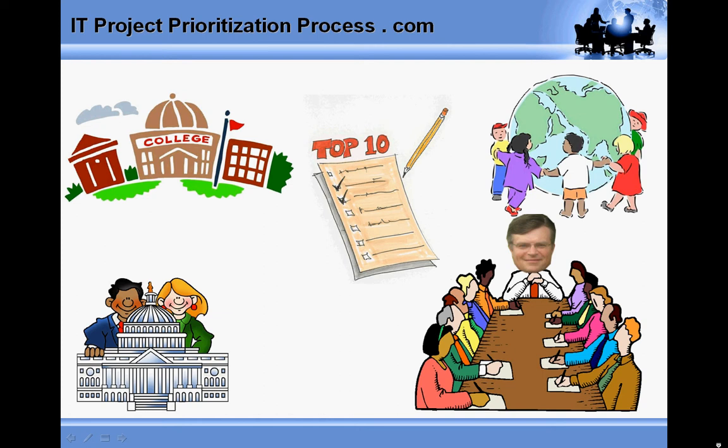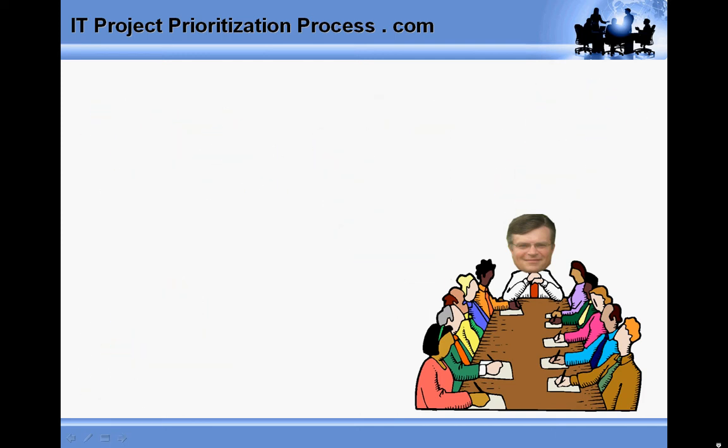So, based on that realization, I took some very simple tools and techniques that had worked across all 4 sectors, and I created a very simple yet very powerful project prioritization process that was designed to work even when no project information was available.